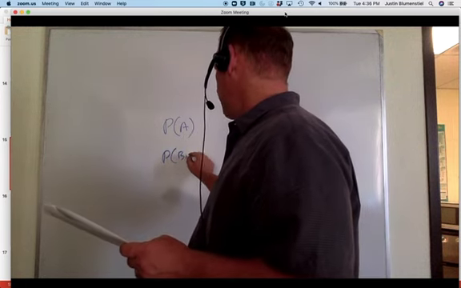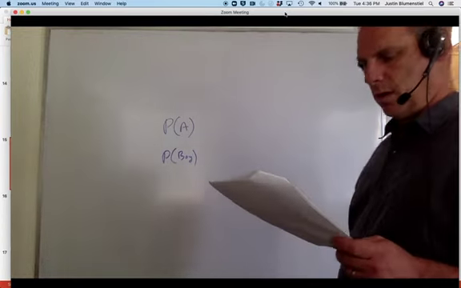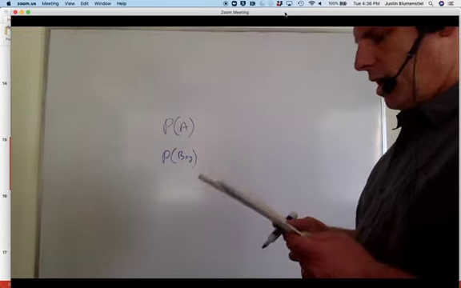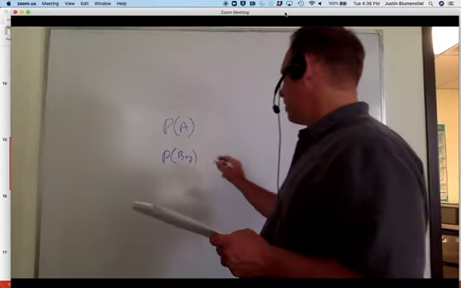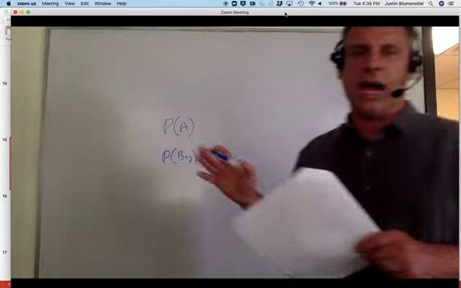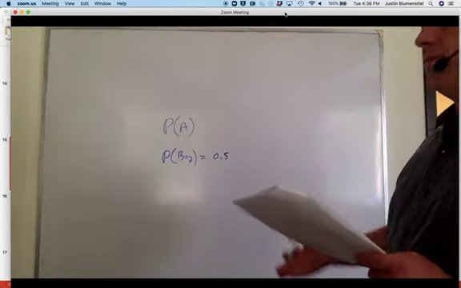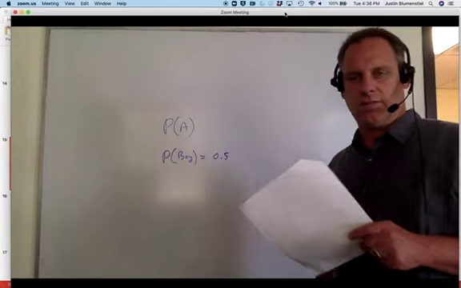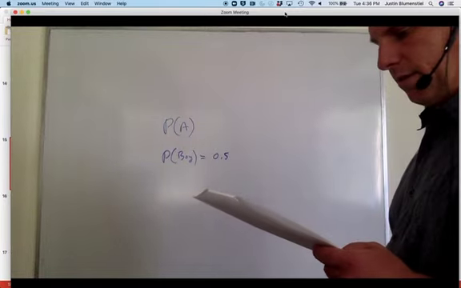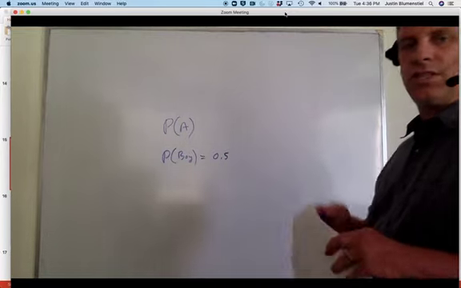You could write "probability first child is a boy," but that would be a little bit extra work. So you could say, well, that's 0.5, right? I mean, it's not exactly 0.5. There are some differences in fertilization rates because X and Y sperm are weighed a little bit differently. But for now, let's just stick with 0.5.